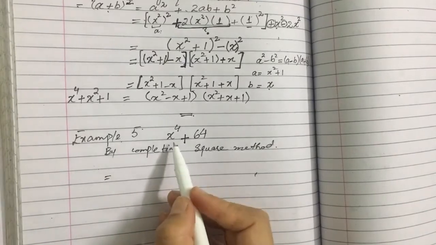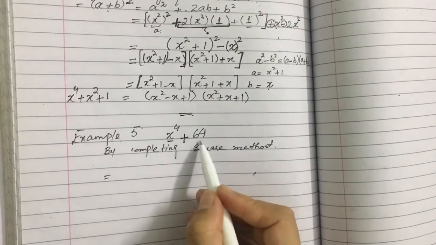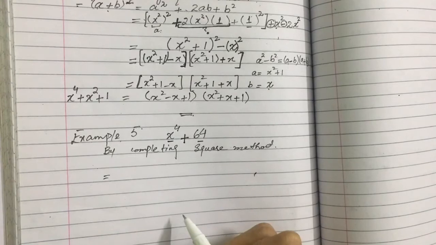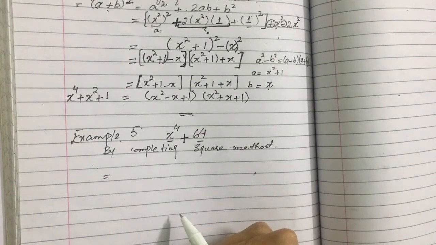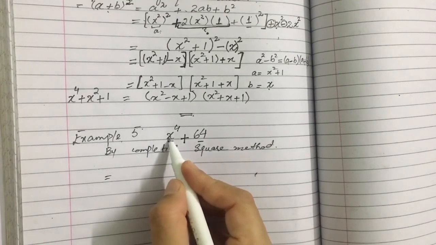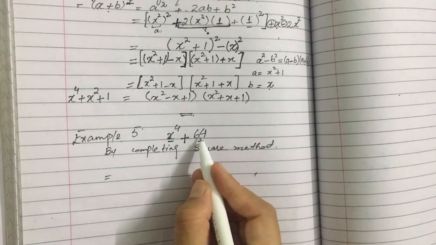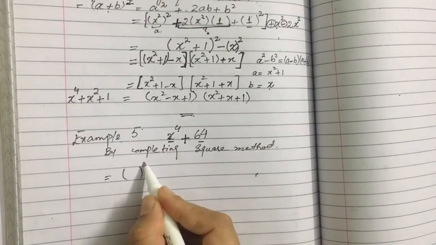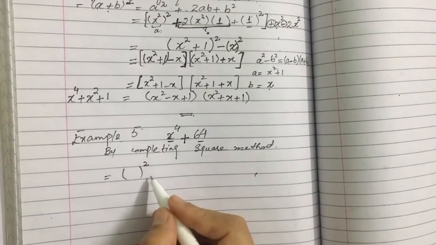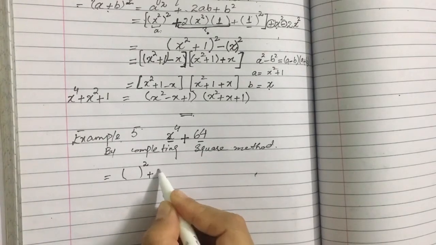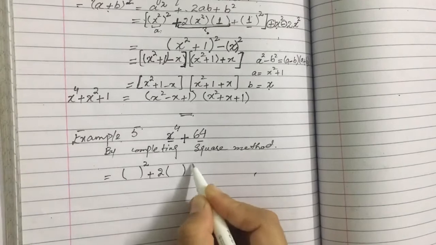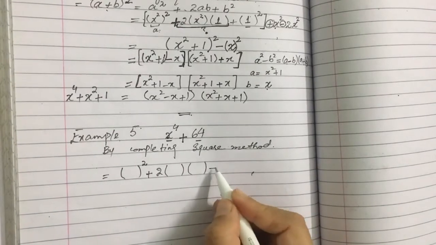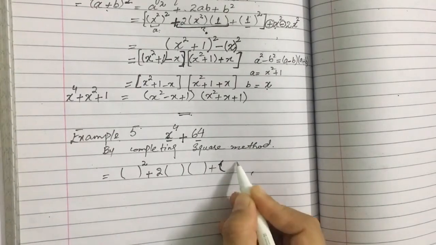Let's start. This is a complete square, and 64 also is the square of 8. So we will take x square as a and 8 as b. I'm going to write here the formation of a square plus 2ab plus b square.